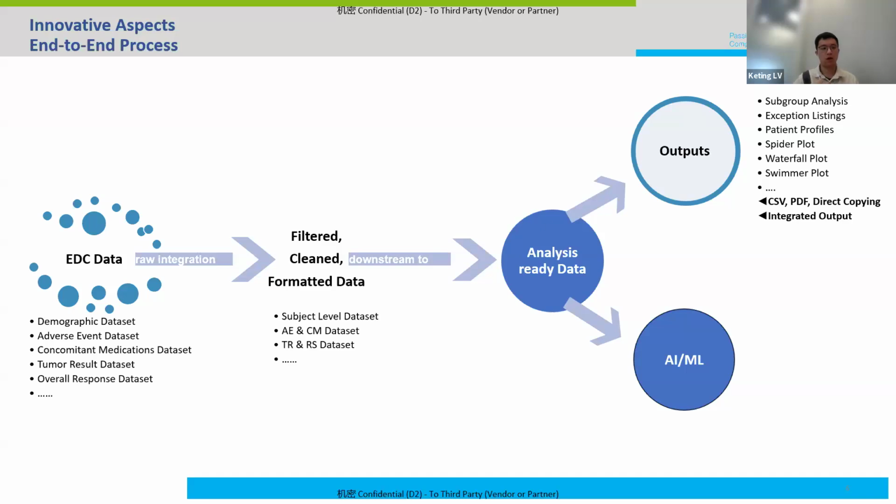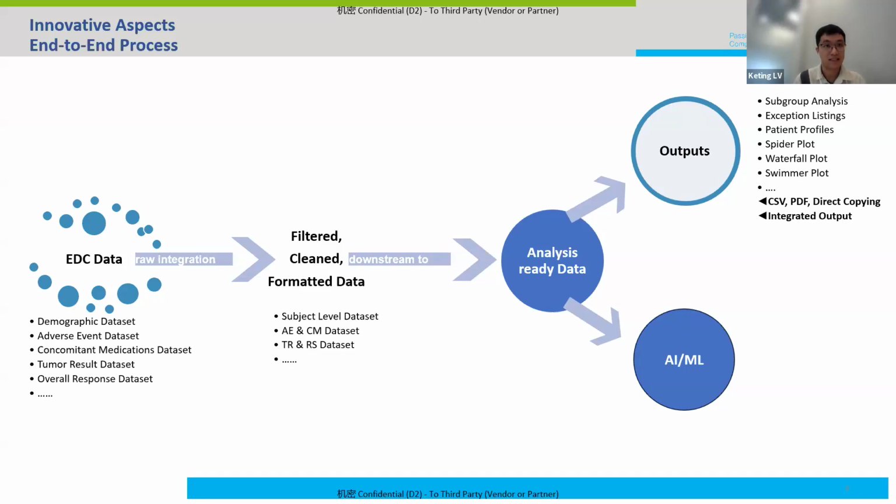For example, a subject-level dataset with demographic and treatment information can be used for almost all kinds of outputs. Additionally, datasets like tumor results and overall response, adverse events, and CM will be merged and reorganized together because they will be used for the same output.